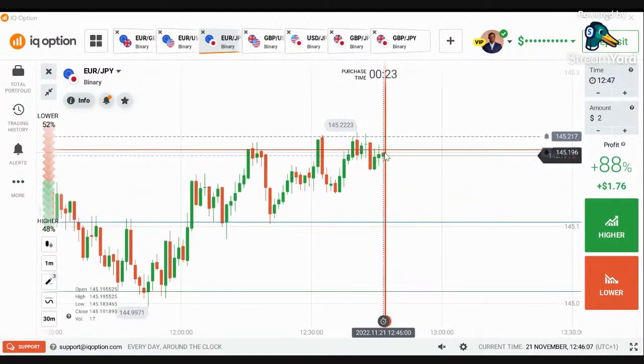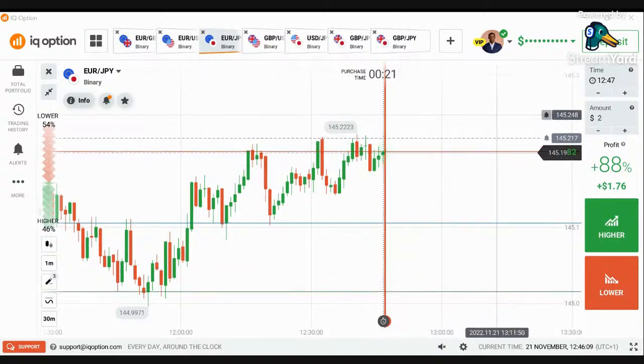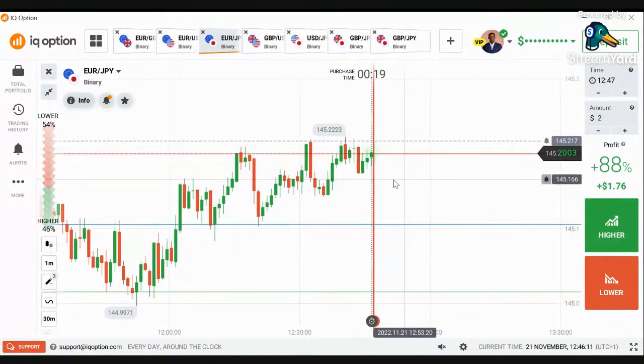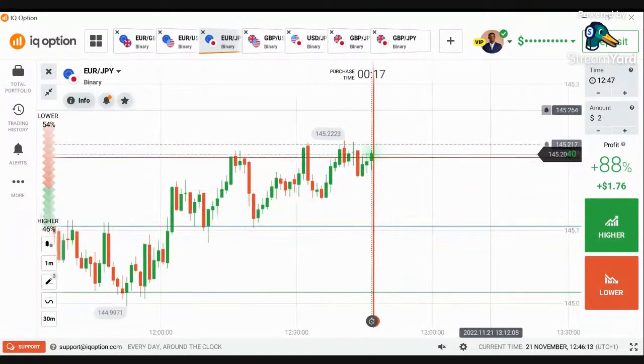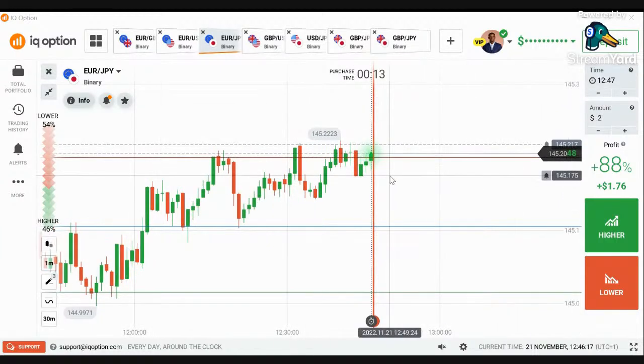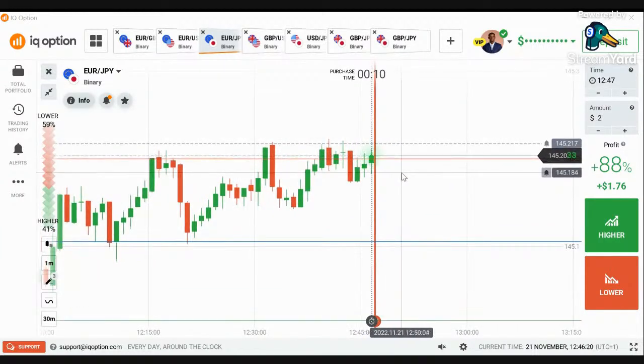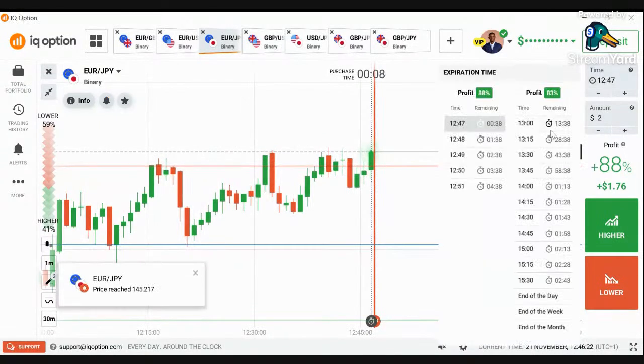But sometimes it might just want to run up before it sells. So that's what I'm saying. If it could get there, I'm going to sell for 4 minutes. I think it's trying to reach for that level.